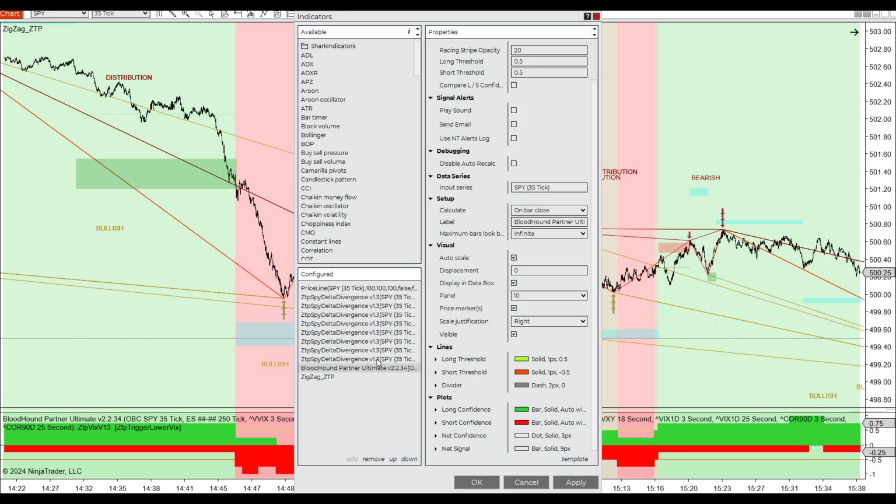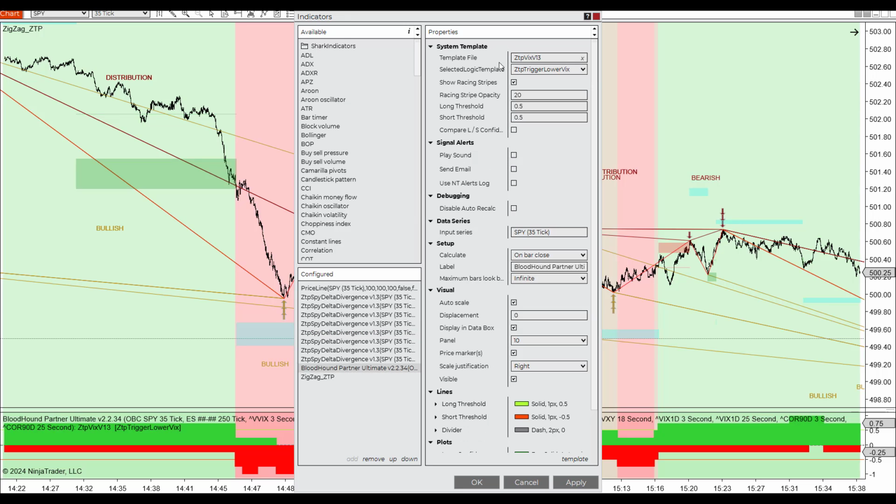The last thing I've done is I have put on the Bloodhound Ultimate to this, and I put it to the trigger chart. Now remember, because this is a SPY chart, it's not going to matter which one of these things is chosen. It's only going to matter if it is the ES that is chosen.